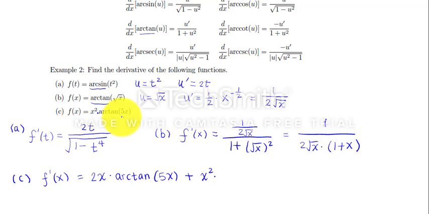And in this case, our u is 5x. So u prime equals 5. Now plug in u prime: 5 divided by 1 plus u squared, so it's 25x squared. And we don't need to simplify it anymore. Okay, so that is the derivative for part C.